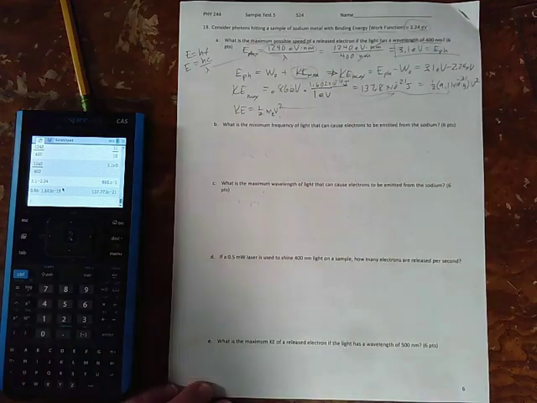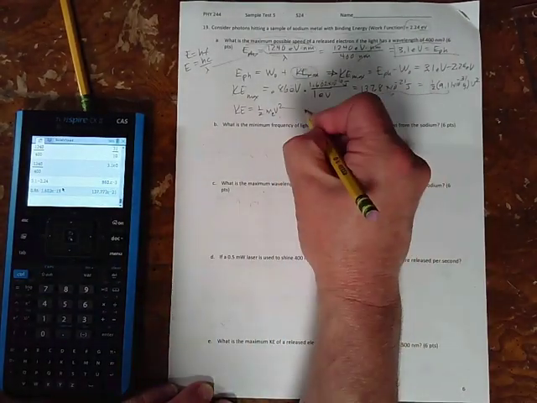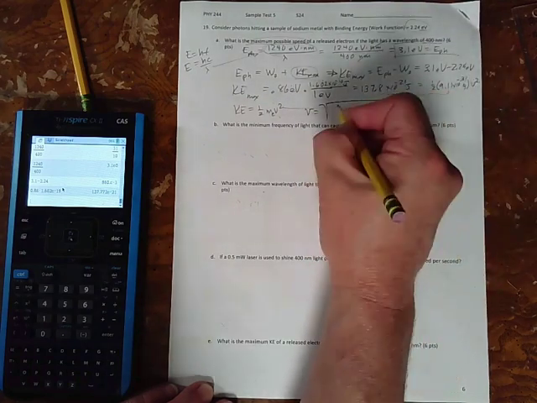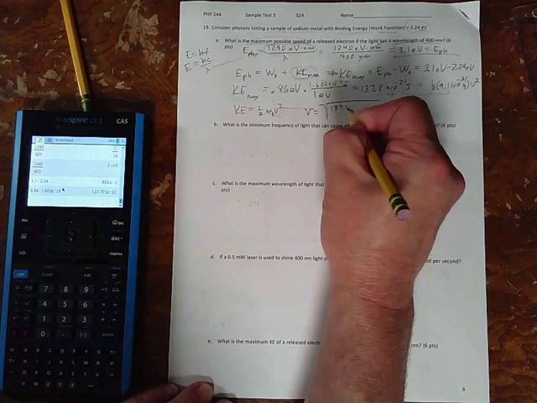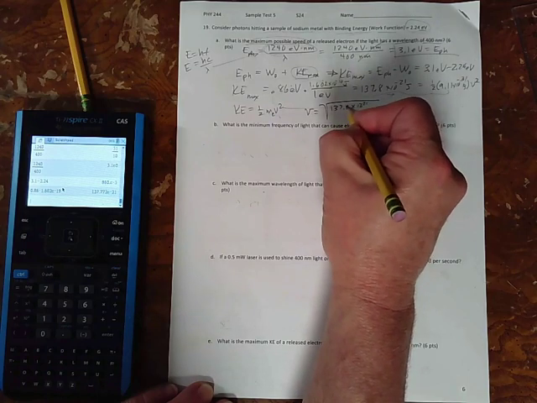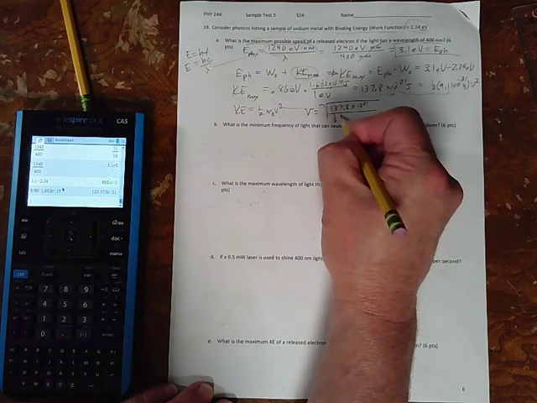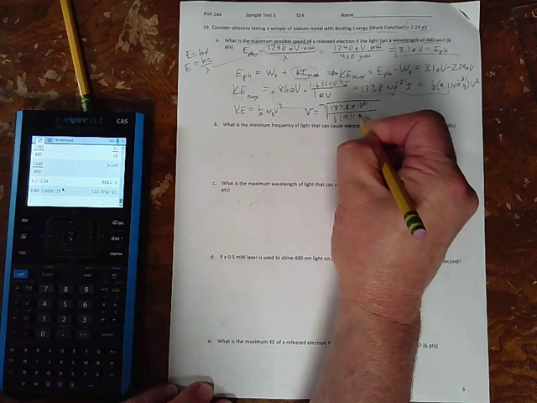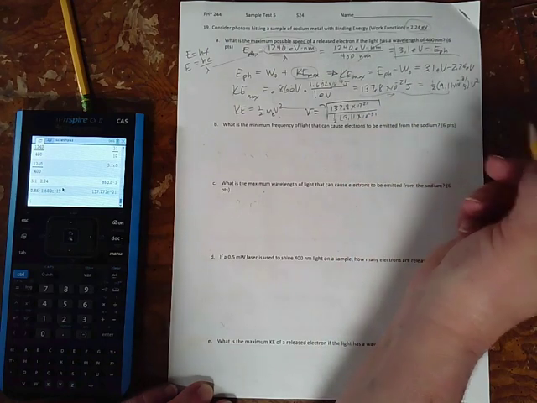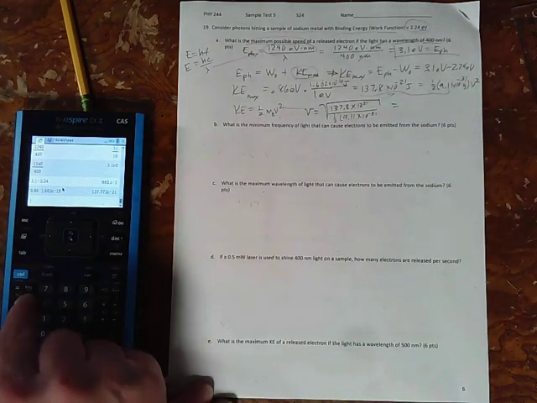And so v must be the square root, solving this, dividing through, of 137.8 times 10 to the negative 22 divided by 1/2 times 9.11 times 10 to the negative 31. Alrighty. Okay, let's see if we can calculate that.